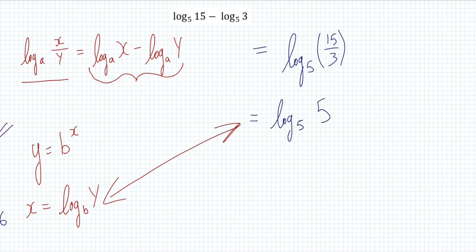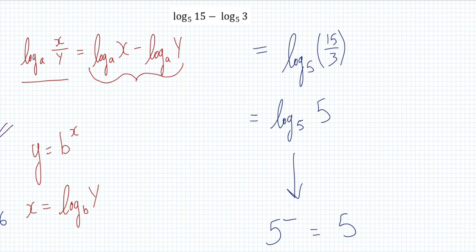We want to get it into something that looks a little bit more familiar because it'll help us evaluate this. So 5 is our base to some exponent, and we know that that's equal to 5. Well, we know that that's 1, because 5 to the power of 1 is 5. So therefore, 1 is equal to log base 5 of 5. And that's our answer.